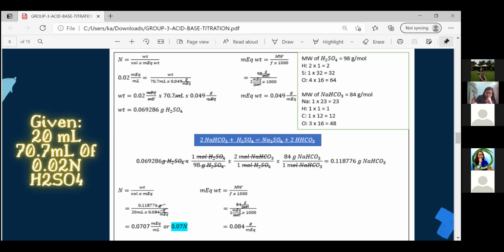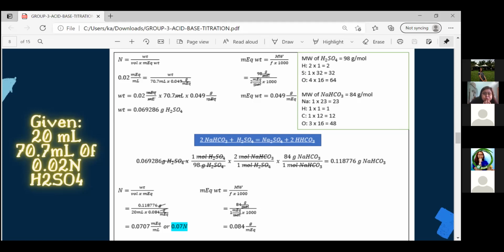We have 2, 32, 64. Then we add, it is 98 grams per mole. So 98 grams per mole over 2 from the sulfuric acid. So it's acid. Then the hydrogen is two. So F is 2 times 1,000. We have MEQ weight equals 0.049 grams per MEQ.